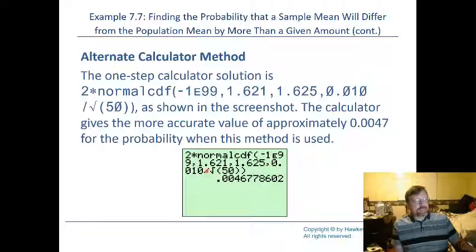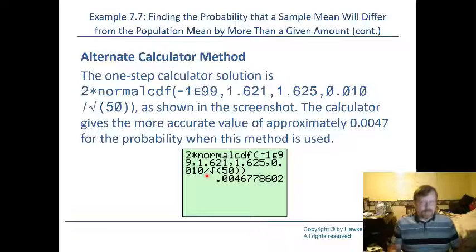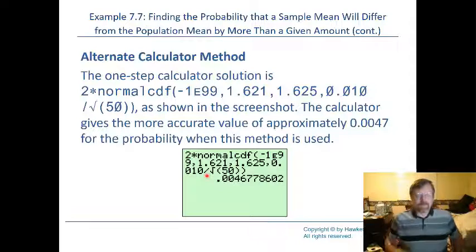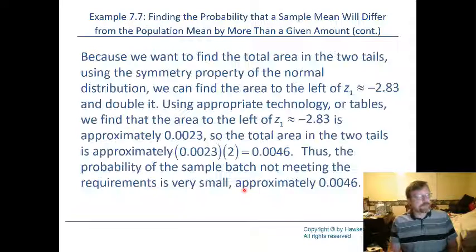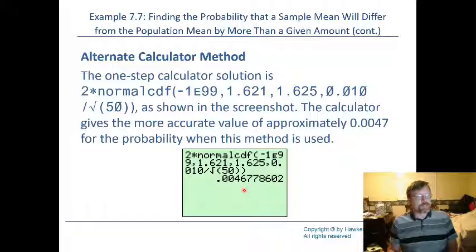Then there's that standard deviation formula so that they don't have to round anything and lose any accuracy that way, and you get the 0.0047 instead of 0.0046. It's a very, very slight difference, slightly more accurate because of the lack of rounding error.